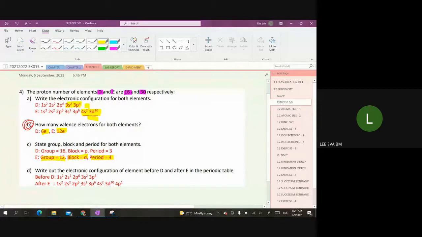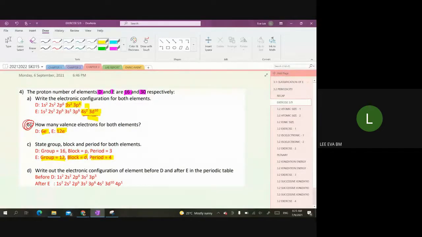Now, group 12 is inside your transition elements. It's not only two valence electrons. Group 12 has 12 valence electrons. And then the last question over here is slightly confusing because it's testing your English.